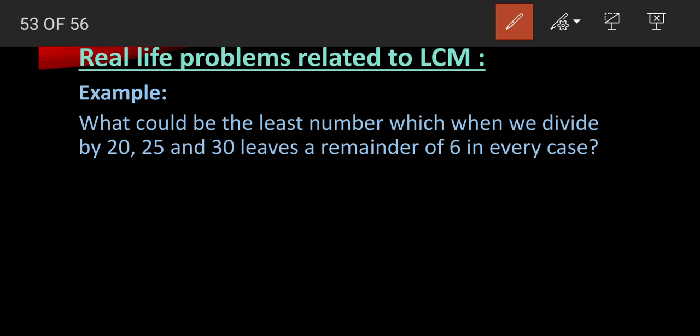So to find the minimum, least, lowest or smallest, in that case what to do, we have to find the LCM. Whenever you are given keywords like minimum, smallest, lowest, least, in that case you have to find the LCM. So here the word is least number, so you have to find the LCM of all these three numbers, and then add 6 to get the required number.